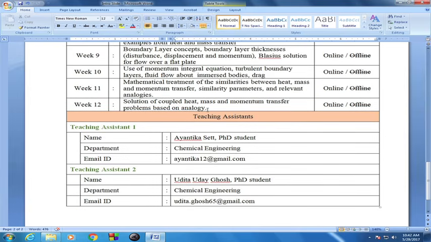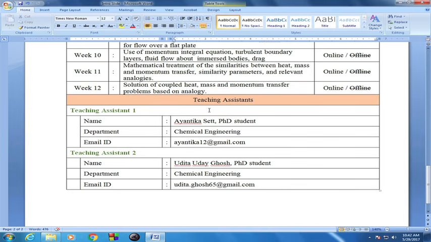So, what I have tried to give you is, in a nutshell, what is the objective of the course, what are the topics that I am going to cover in this course, how they are structured and so on. After I teach maybe 3 or 4 such lectures, there would be a tutorial component, and the 2 TAs, who are 2 of my PhD students, would be available to you to answer any of your queries and also to assist you in your understanding, because sometimes you will definitely have questions.